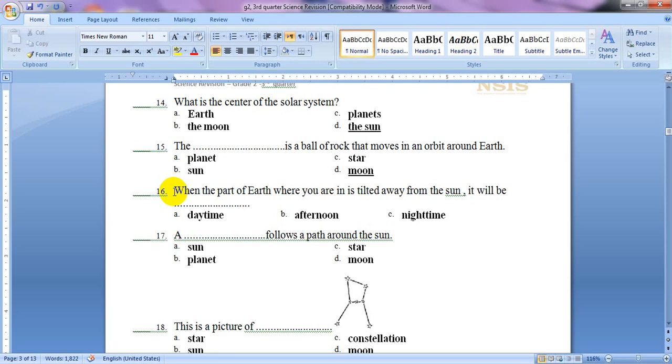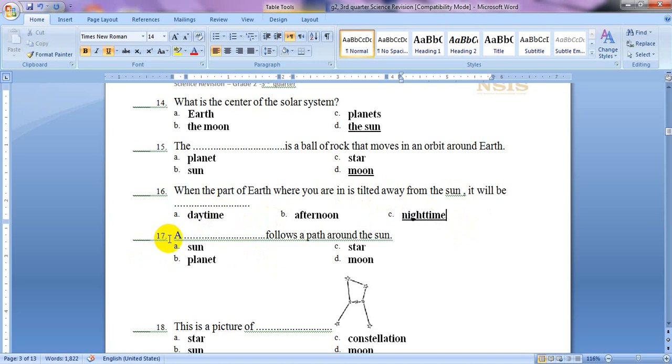The part which we are in doesn't have sunlight, so it will be, of course, nighttime. But if the part of Earth which you are in is facing or opposite to the sun, it will be daytime.